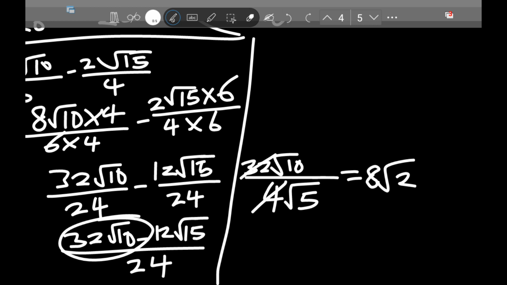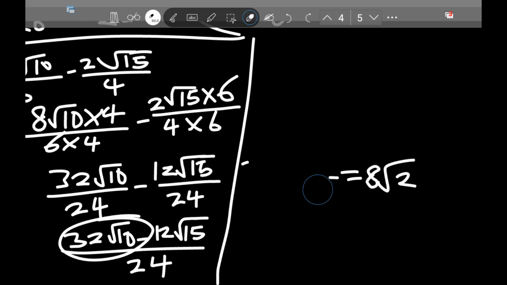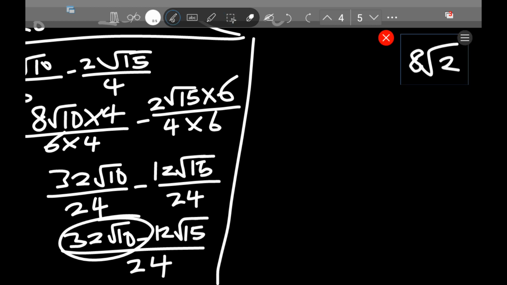So therefore, let me clear off everything that is here. But I'm going to save this 8 root 2. So let me save it, put it here.